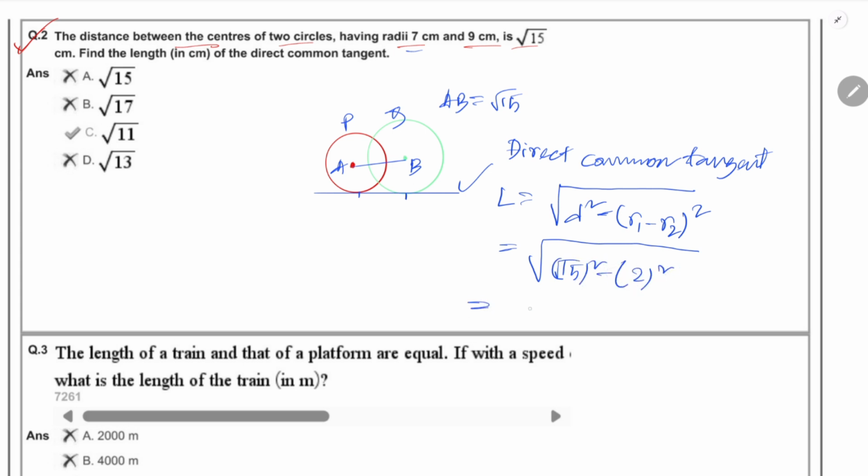This is equal to the root of 15 minus 4, which is root 11. So option C is correct.